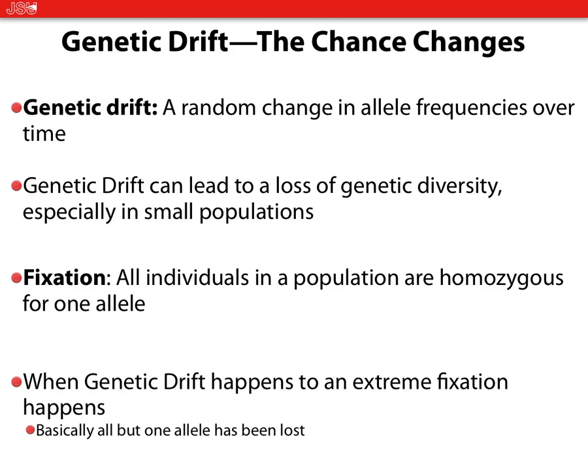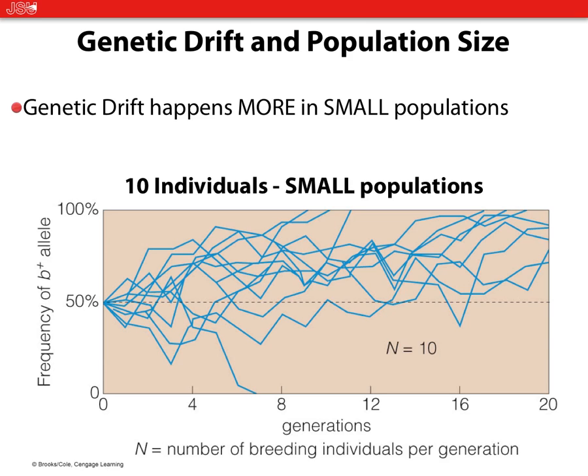Now, the dominant version is more common, the recessive version is less common. That's genetic drift. The frequency of that allele in the gene pool has changed. Okay, so what do we have to know about this? Genetic drift happens more in small populations than in large populations. And that's actually an incredibly important thing.